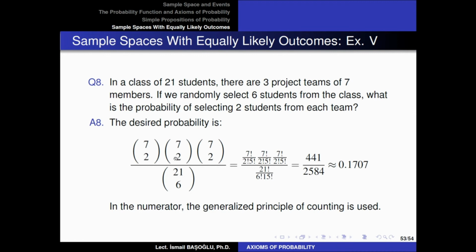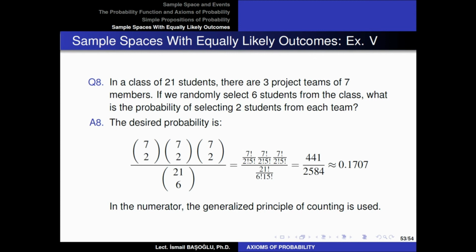So by the generalized principle of counting, 7 choose 2 times 7 choose 2 times 7 choose 2. And after canceling out the factorial operations carefully, you would get a probability that is the ratio of 441 over 2,584. That is approximately equal to 0.1707.